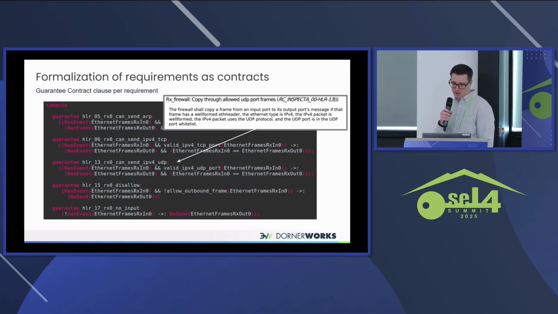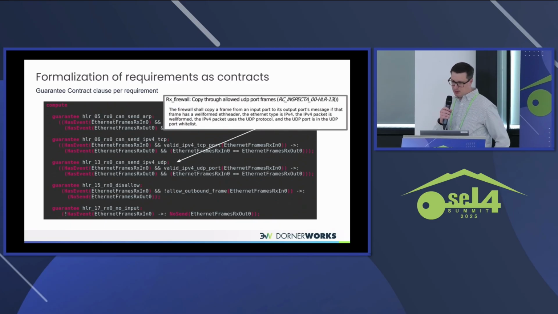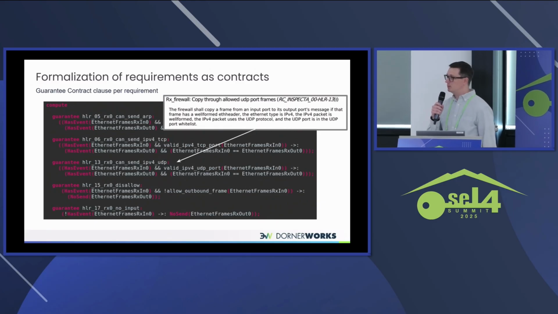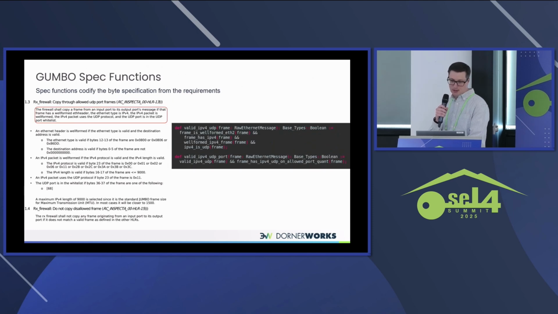And so if we take a look at that example of the UDP one, you can see I have a guarantee contract clause per requirement, which gives us a really nice traceability mapping, and starts to match what that says as you drill down.